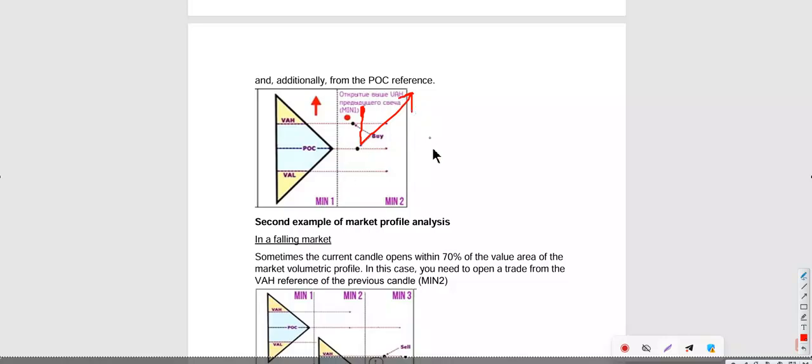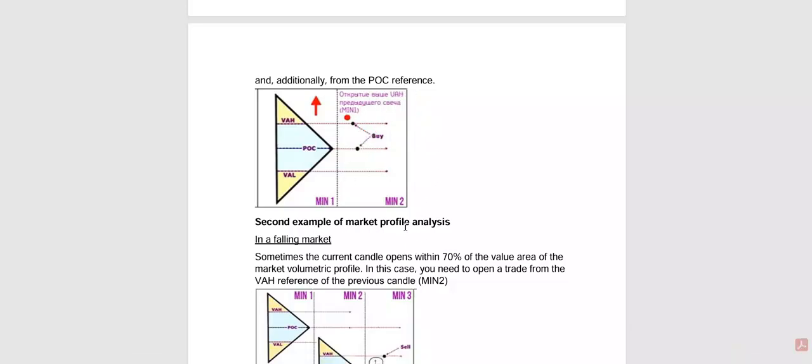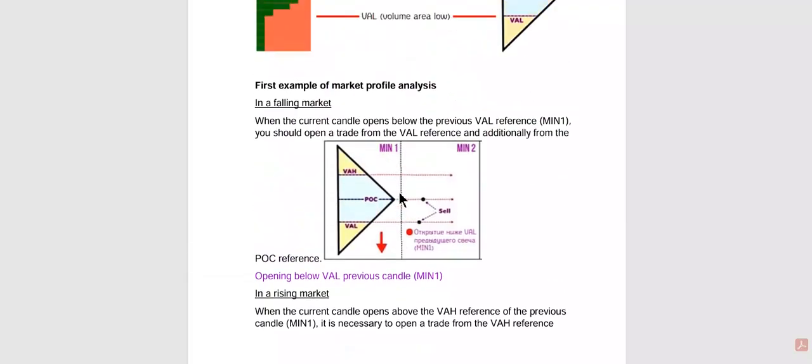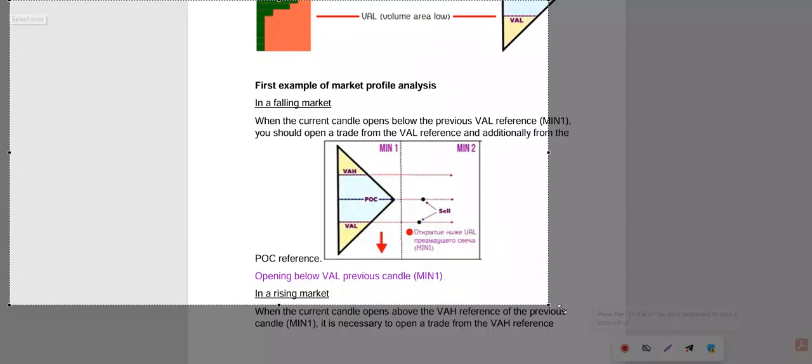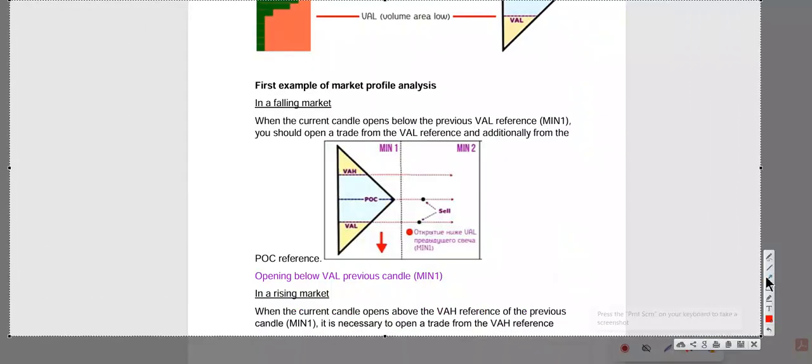The same is the case for the seller candle. If the recently closed candle is a seller candle, this arrow is showing that the recently closed candle is a seller candle, and the recent candle opens in between the value area low and POC, then let it go back into the POC and value area high, then it should come down.